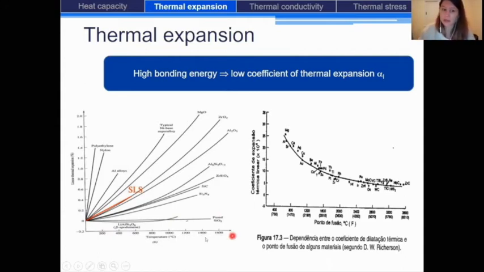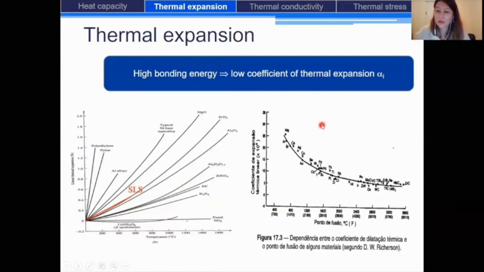And so depending on the range of temperature the material will be submitted to, we can select a material that has a lower coefficient of thermal expansion, or eventually the contrary, if we have an application for which it is necessary to have an increase of the expansion of this material.